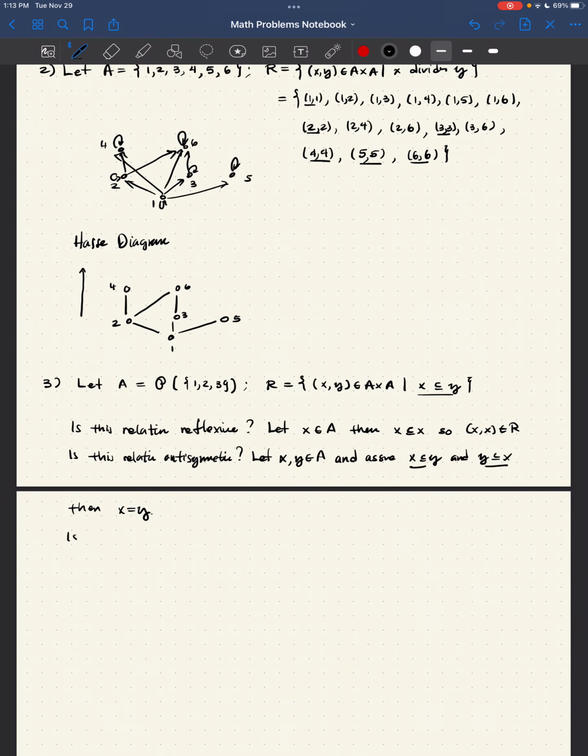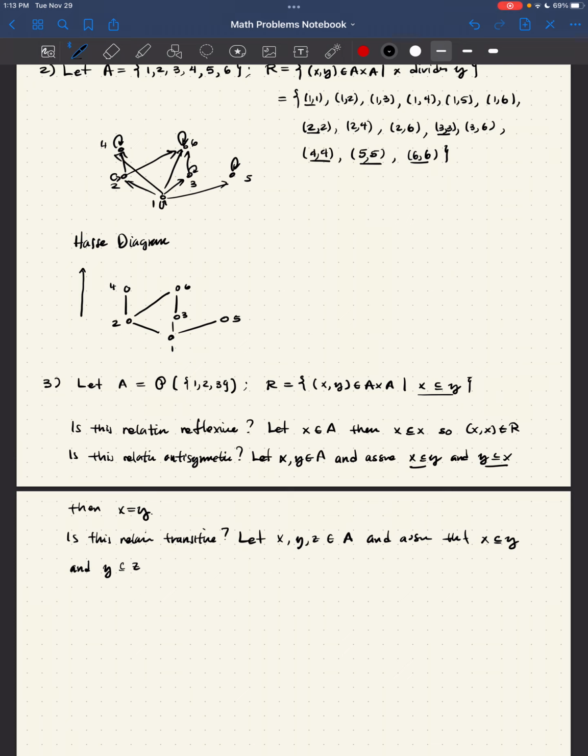Lastly, I'm going to ask, is this relation transitive? Well, for that, I'm going to say let X, Y, and Z be members of A, and assume that X is a subset of Y and Y is a subset of Z. Well, look, what we have here is the following.